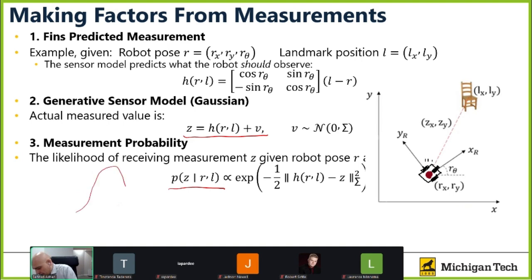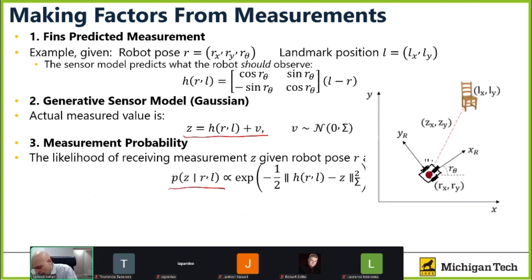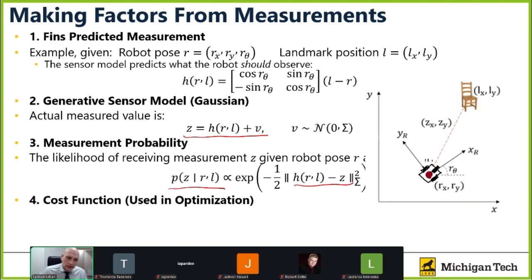It's a bell shape. When you are close to the mean, when this difference is close to 0, it has a higher value, higher likelihood. Okay, so that's likelihood. But we don't care about likelihood. We care about E, or error, or residual. What is residual in this? This part is residual.